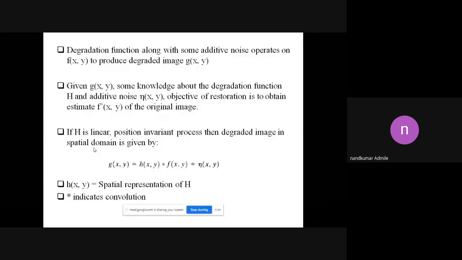Yes, hello. Roll number 37, Upendra. Image restoration is what we need, the concept of image and the degradation model.